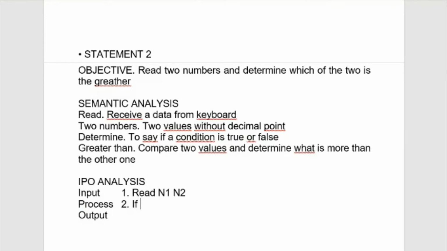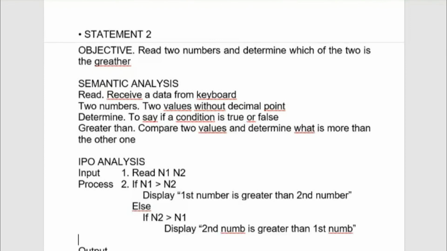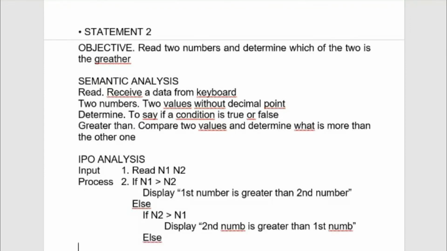If N1 is greater than N2, that means the first number is greater than the second number. Else means N1 is not greater than N2. So you have to ask if N2 is greater than N1, then display second number is greater than first number, right? And else, why else?